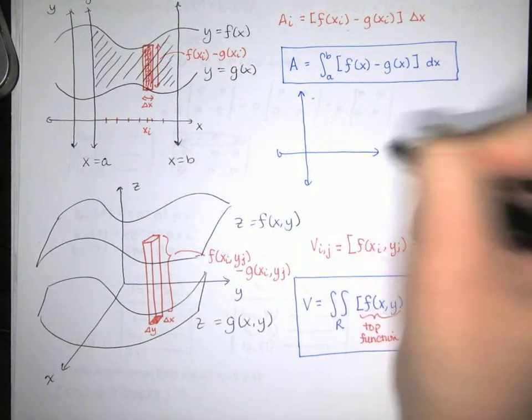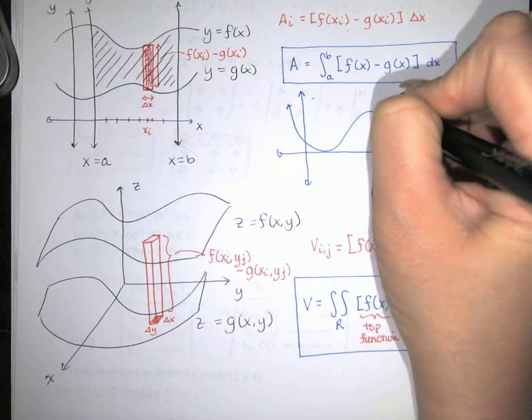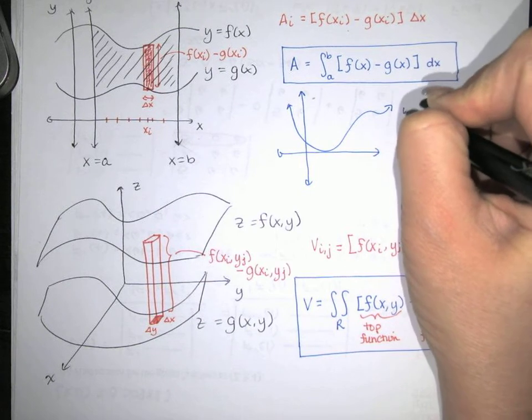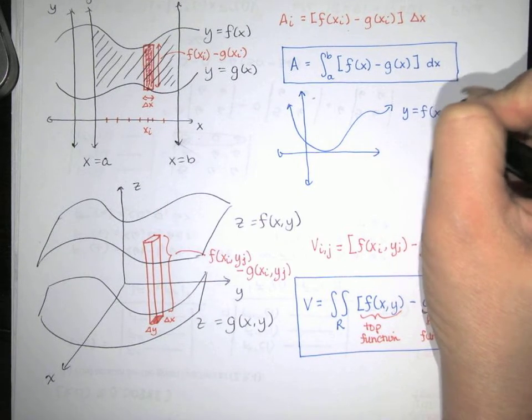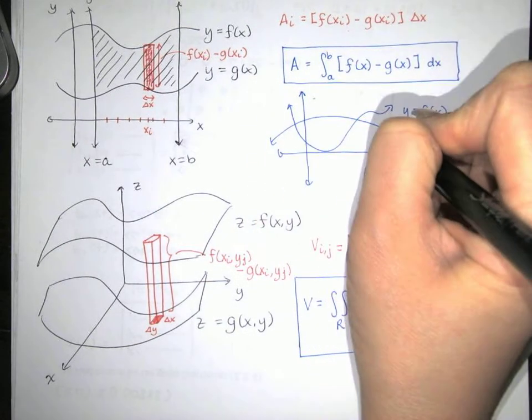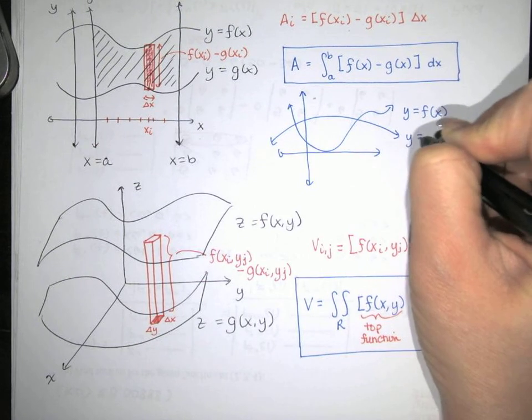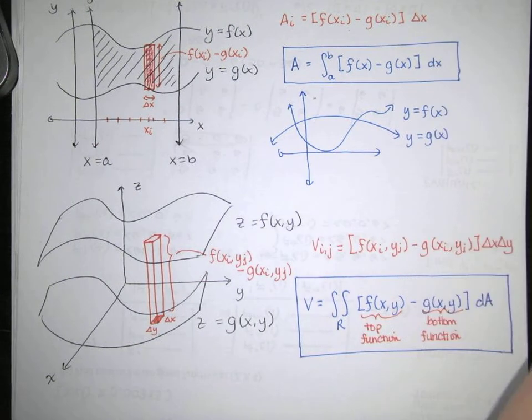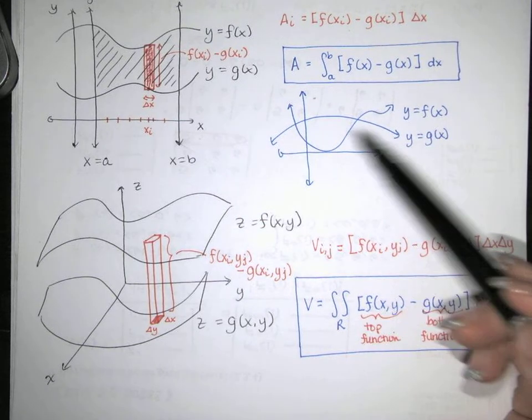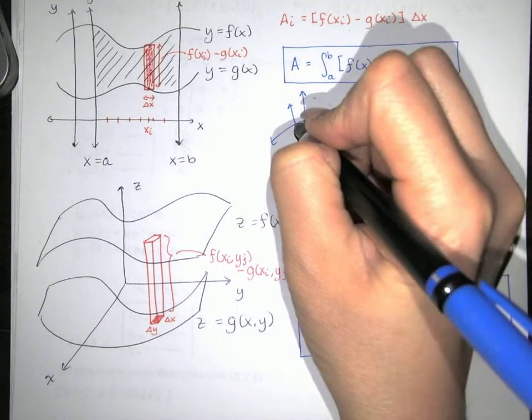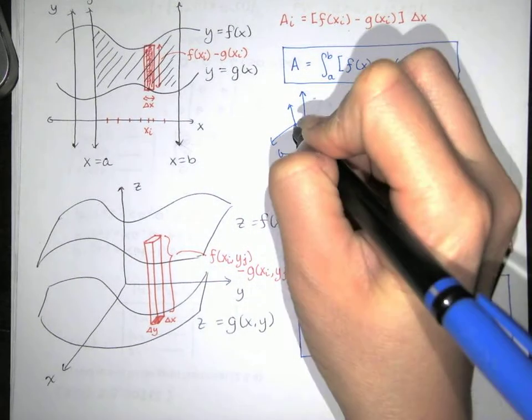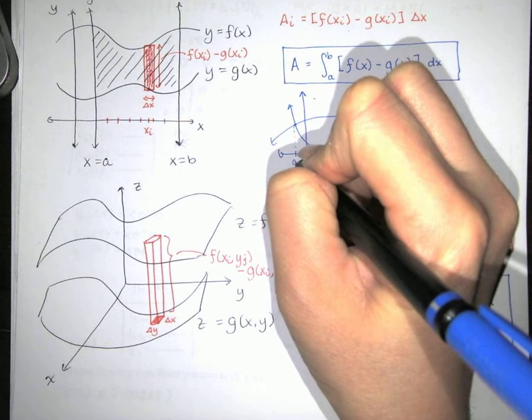They said something like this. Here's f(x), and here's g(x). Find the area between the two curves. And you had to identify which function is the top function and the bottom function, and where is x equals a and where is x equals b.